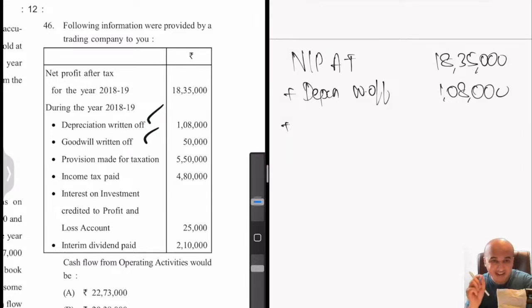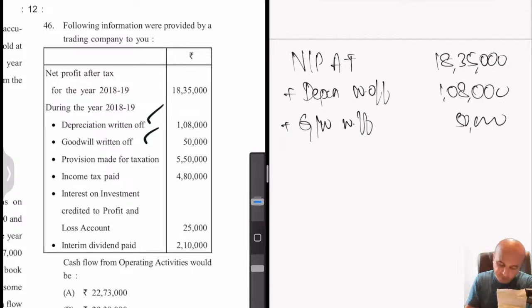Remember what is asked: cash flow from operations. So we are only worried about the cash items, and those items where cash is not involved, we'll simply disregard. So goodwill written off, how much is this? 50,000. Then provision for taxation, again a simple provision, so therefore we are not worried about such an item.